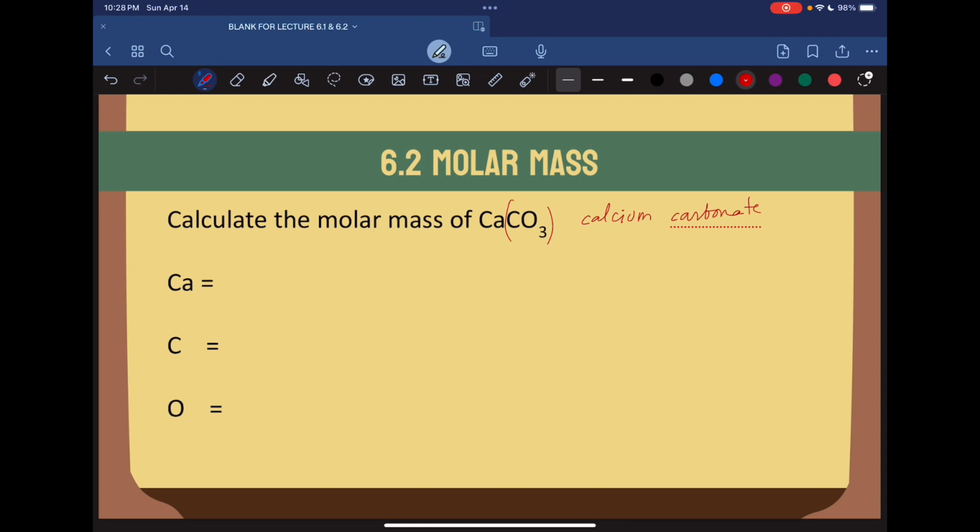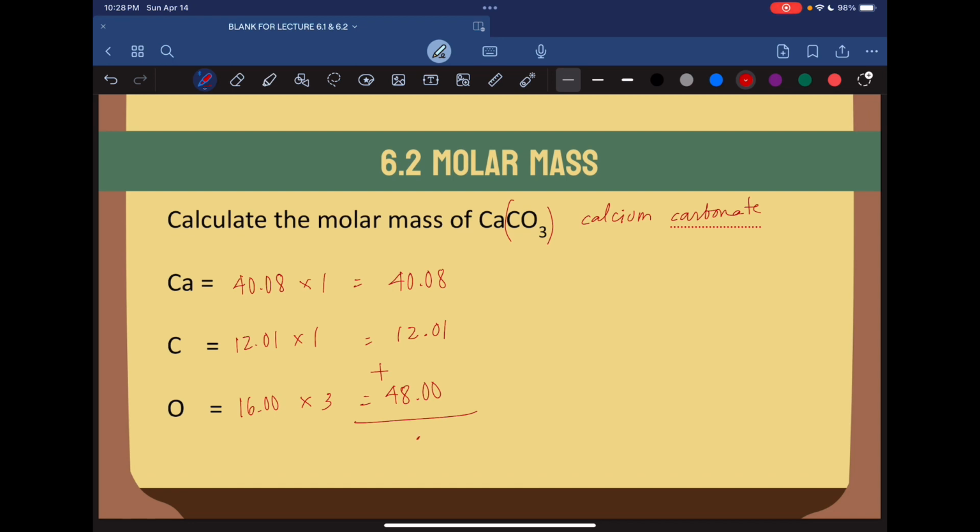So calcium is 40.08, and I only have 1 of them, 40.08, and then carbon is 12.01, and I have 1 of them. And then oxygen is 16.00, and there's 3 of those. So 16 times 3 is 48. We're going to add all these together.